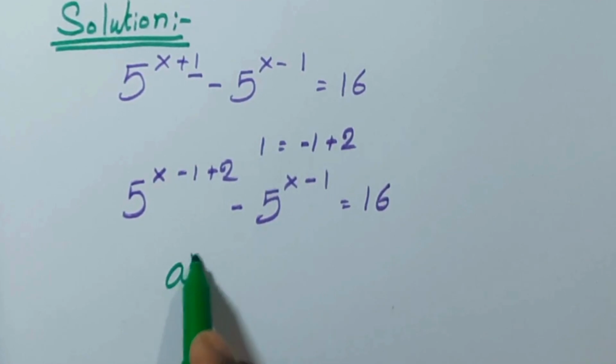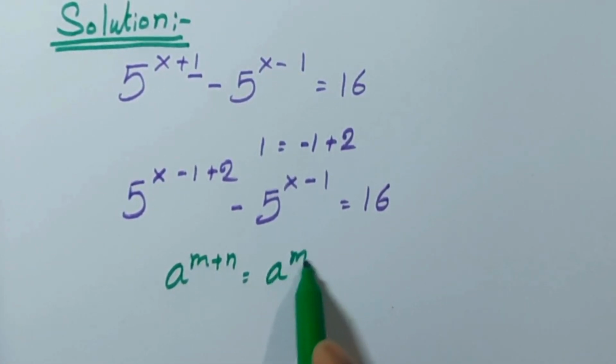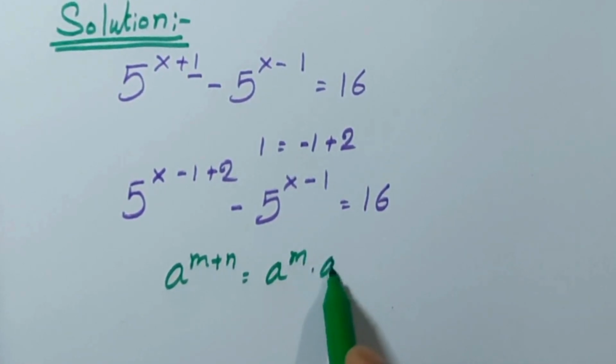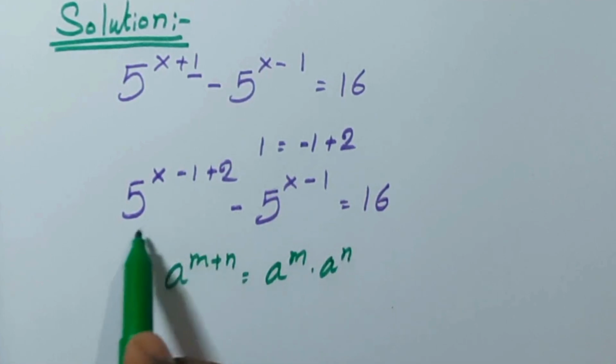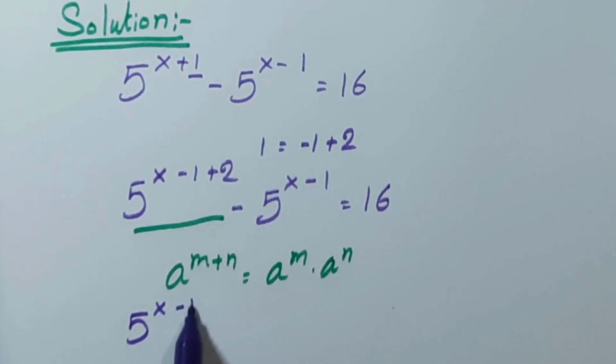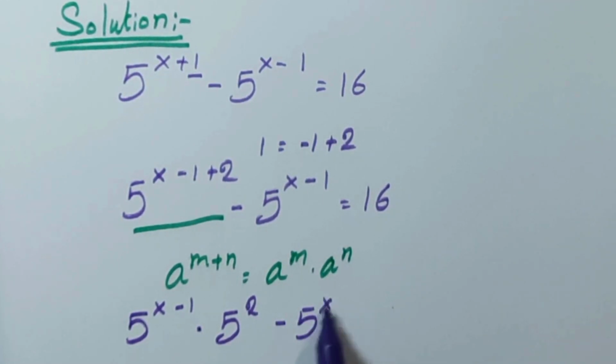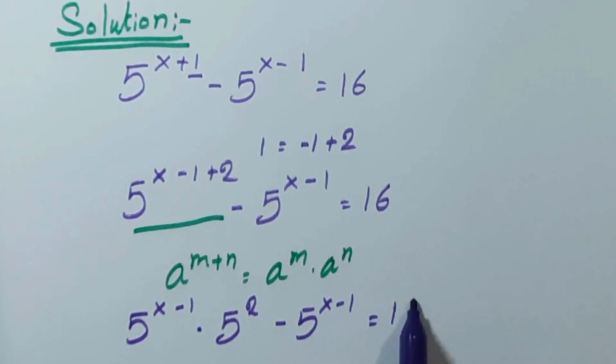A power m plus n equal to a power m into a power n. This formula we are going to implement here. 5 power x minus 1 into 5 power 2 minus 5 power x minus 1 equal to 16.